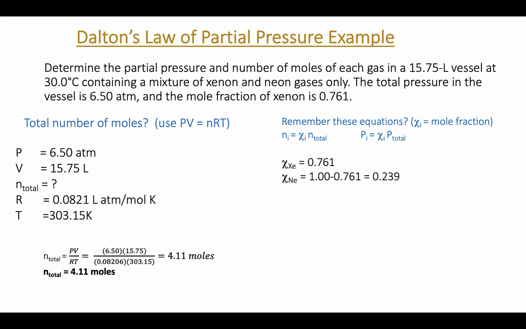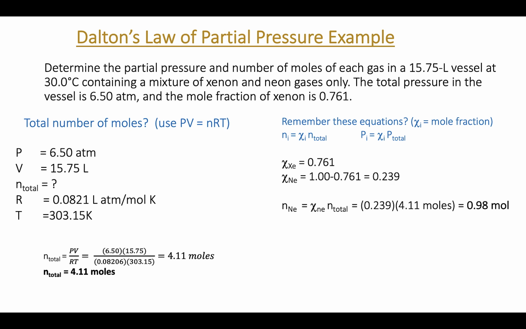We know the mole fractions have to add up to 100%, or 1. So if it's 76% one thing and the rest something else, it's going to be 23.9%. That adds up to 1. 0.761 subtracted from 1 is 0.239. And so if we have a binary mixture and we have the mole fraction of one component, we have the mole fraction of the second component.